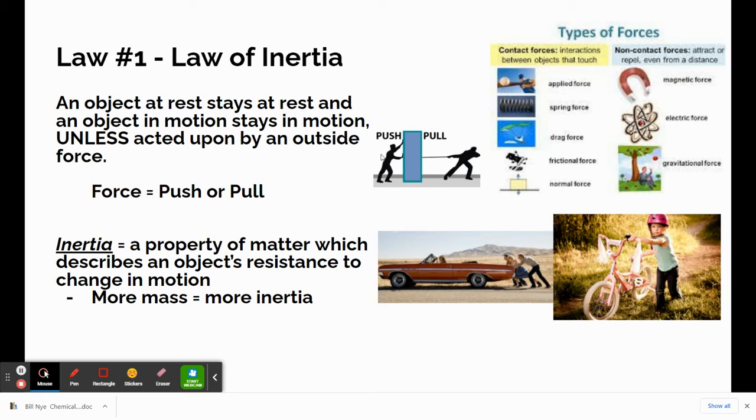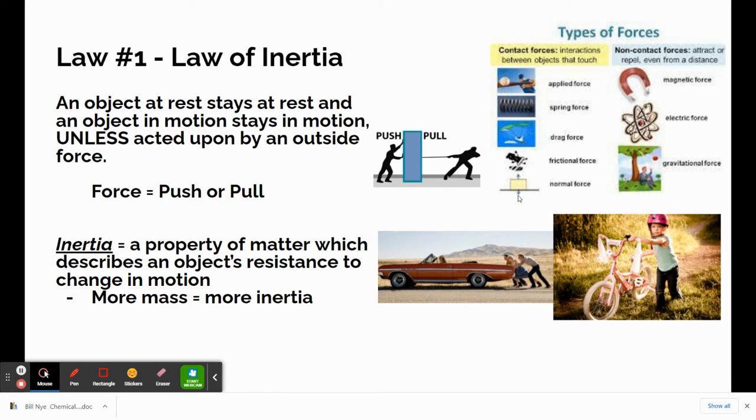So first of all, forces: push or pull. We can talk about contact forces, where two things are in contact with one another. So applied force, spring force, drag force. Drag force is from air on it. And then frictional force, like if you're moving something across the floor, there's friction across the floor. And then the normal force.